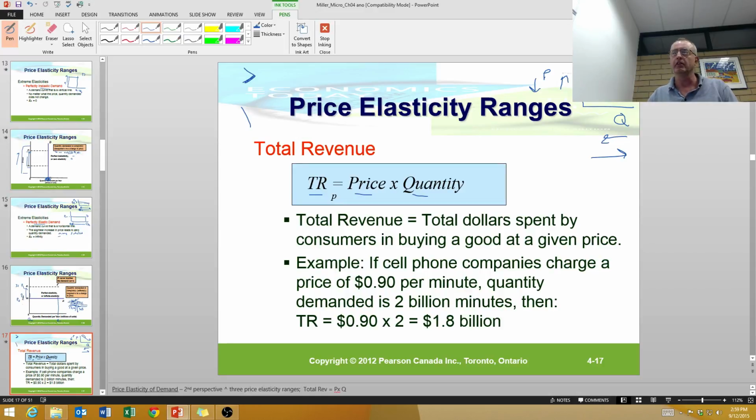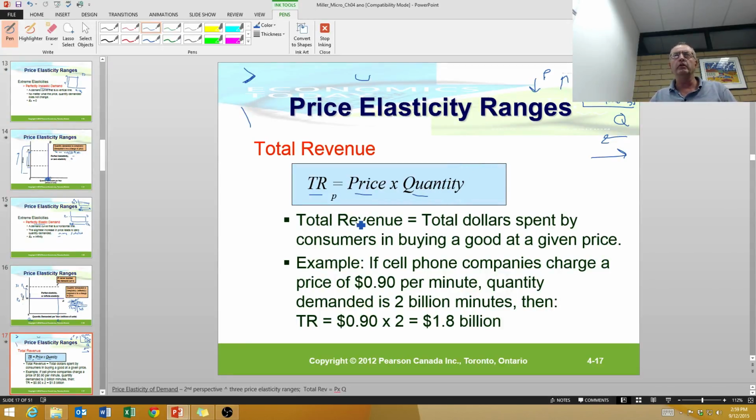The top end of the curve is the elastic section, and the bottom end of the curve is the inelastic section, and the center of the curve is the unitary elastic section.